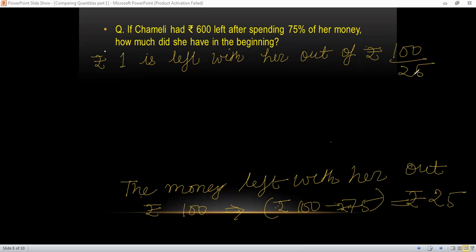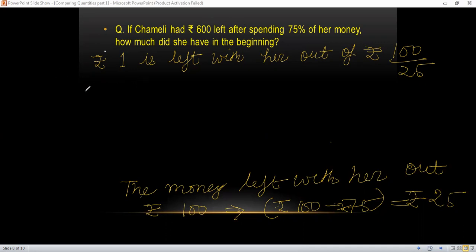Now in unitary method, what we do? We find the value for 1. Now what we will do next? We will multiply both the sides with 6. Like here the value given is 600.